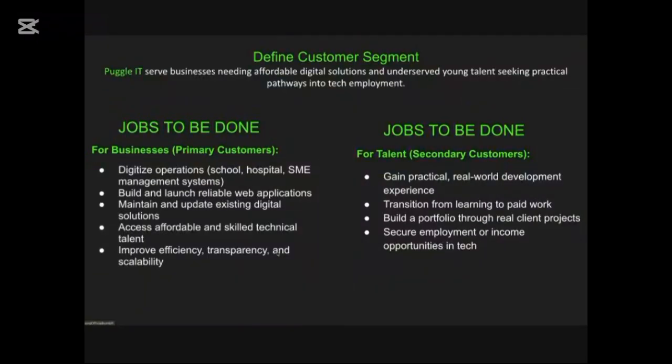Now let's look at when I did this at the initial instance, in the sales team. We came up with: Puggle IT serves businesses that need affordable digital solutions and underserved young talent seeking a practical pathway into tech employment. That is simple and direct. It's one statement that shows the value Puggle IT delivers.